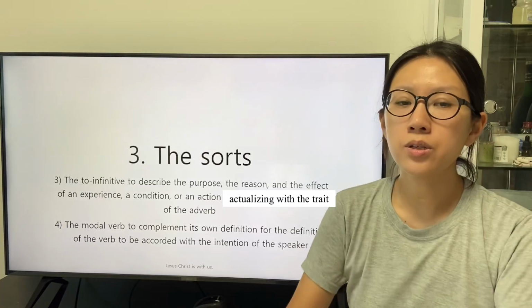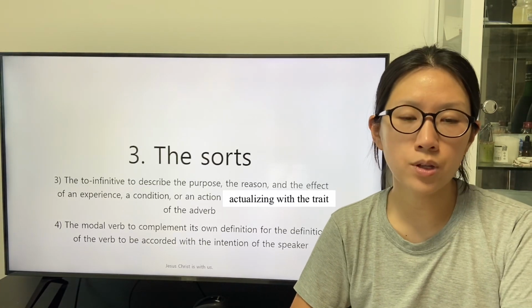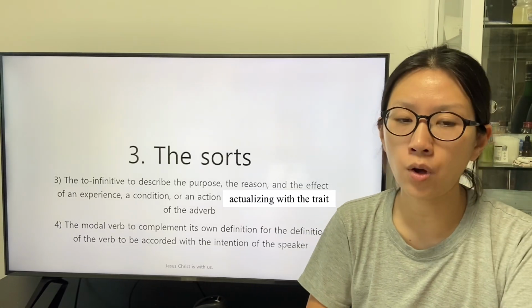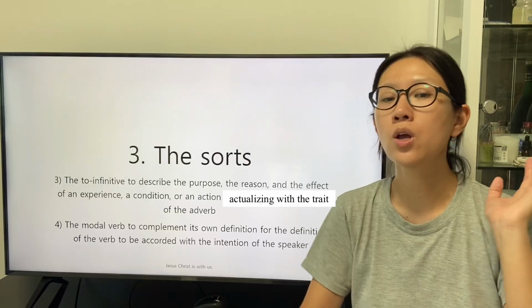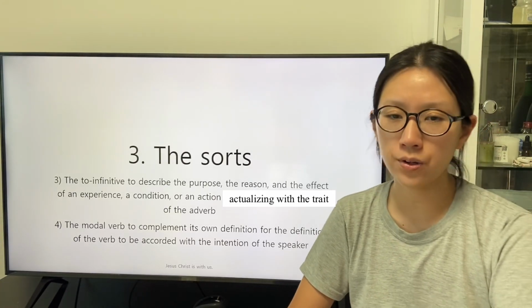The third sort of the adverb is a to infinitive. The to infinitive describes the purpose, the reason, and the effect of an experience, a condition, or an action, actualizing with the trait of the adverb.